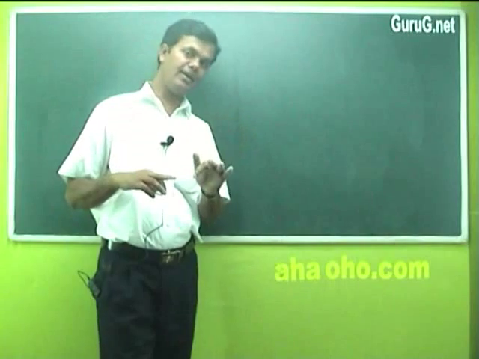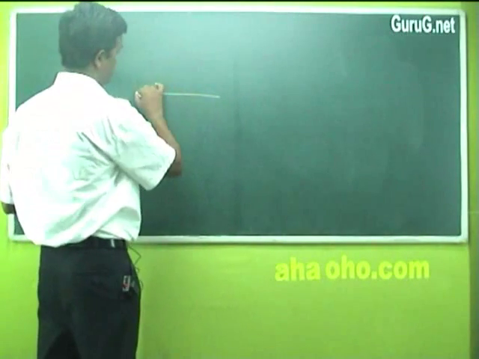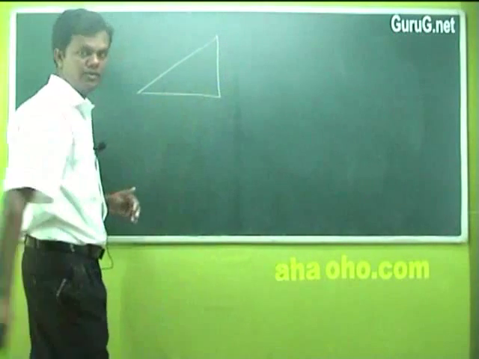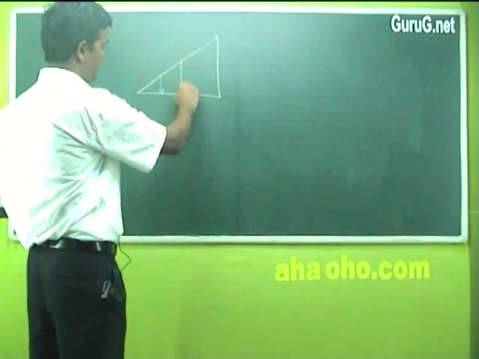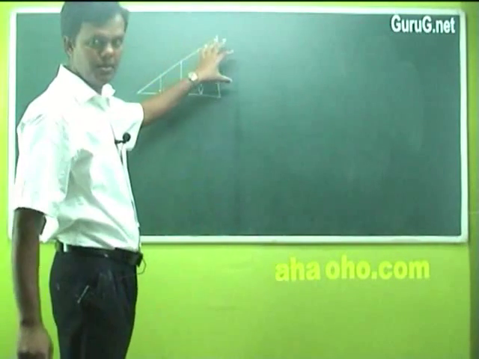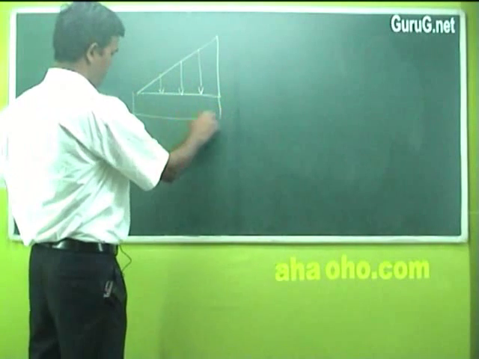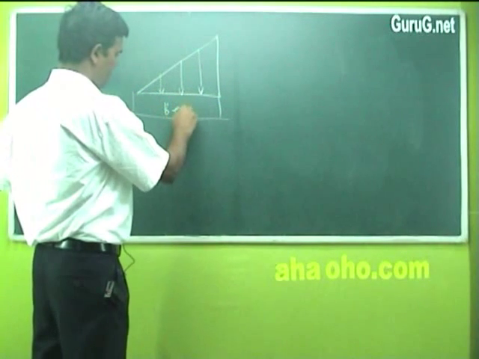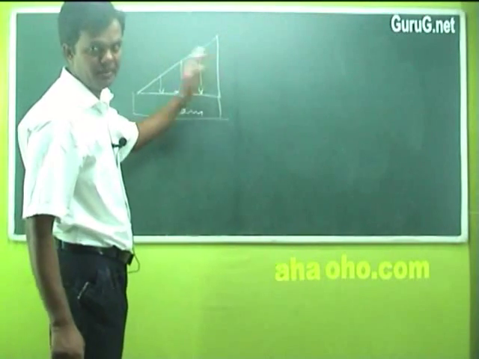Just before going to the problem, we will see this sketch. For example, this is a sketch. Just consider this as a brick construction. For example, this is my beam, right? On top of the beam you have a construction like this, made up of bricks.